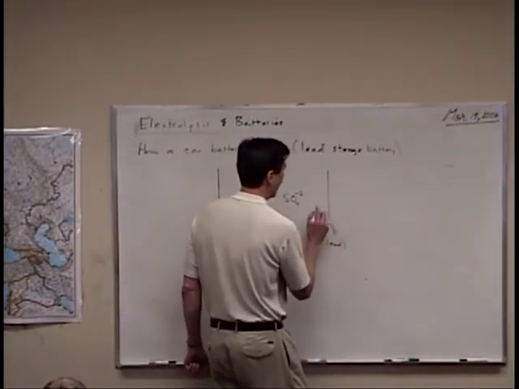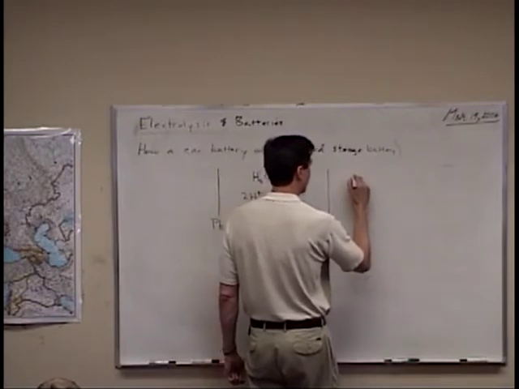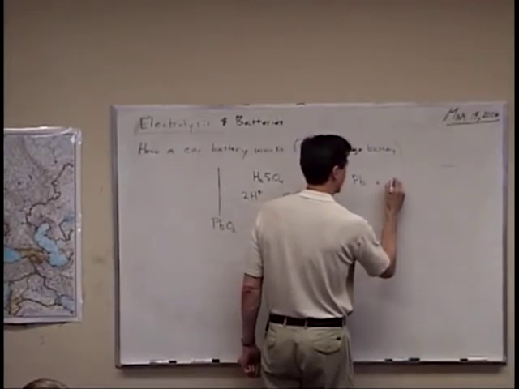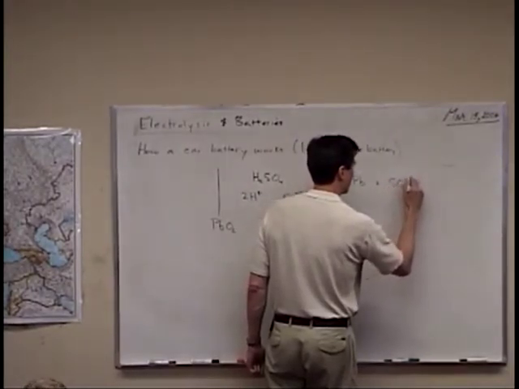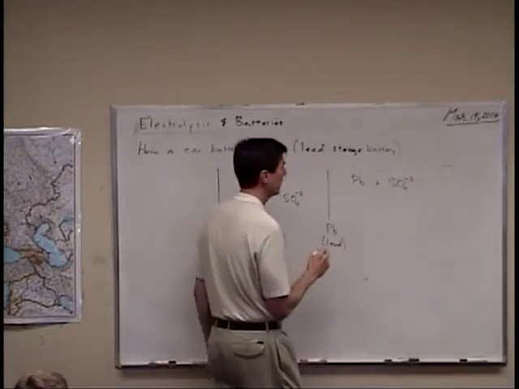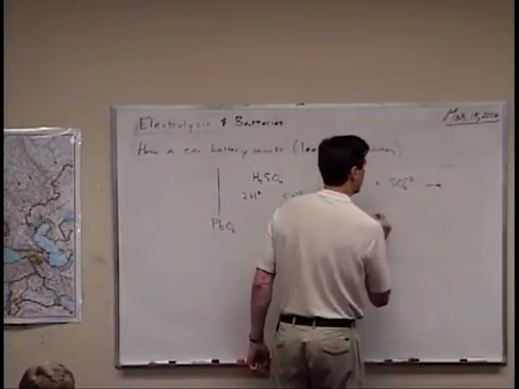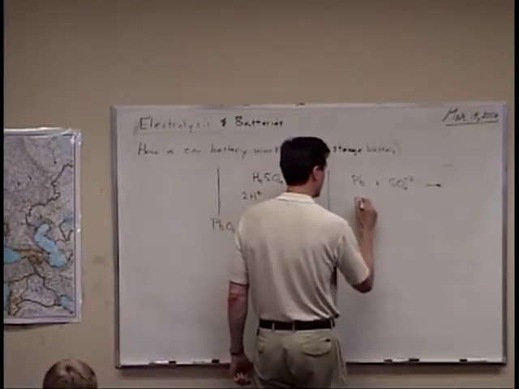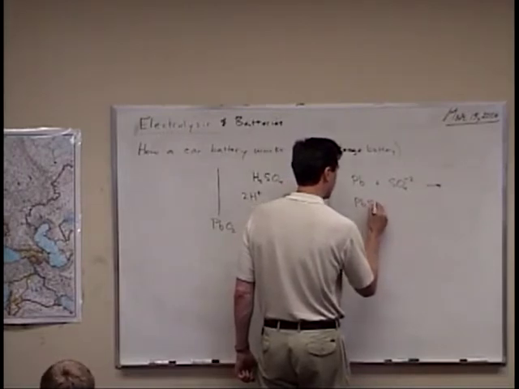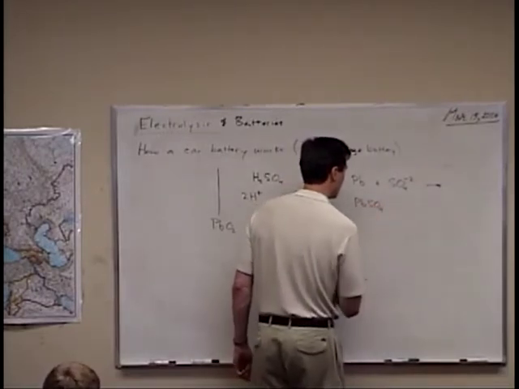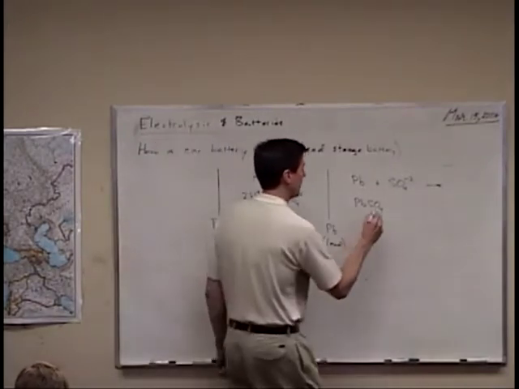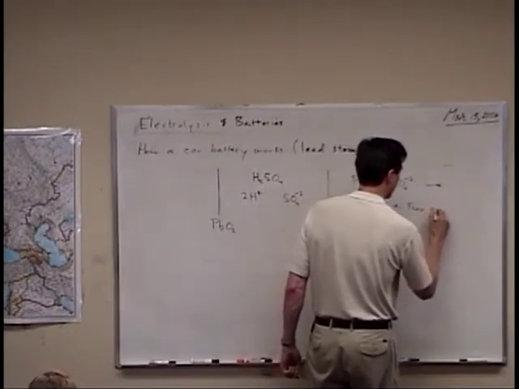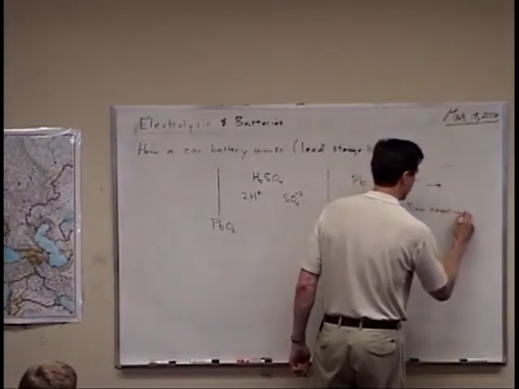The chemical reaction is lead plus the sulfur oxide with its double negative charge goes to lead sulfur oxide plus 2 negative charges.